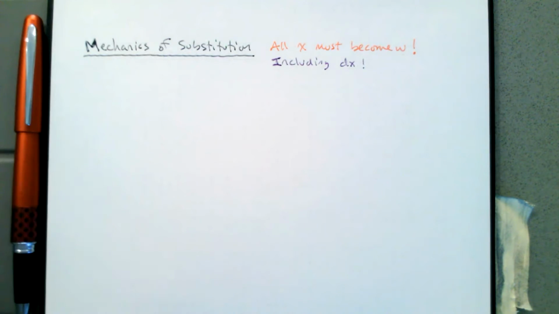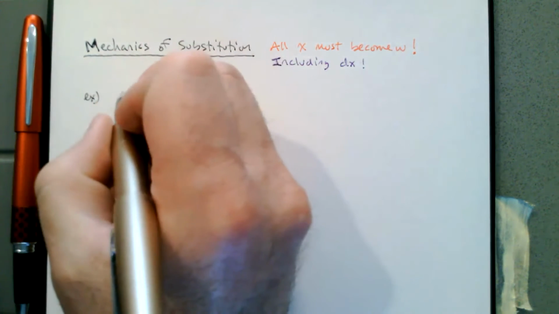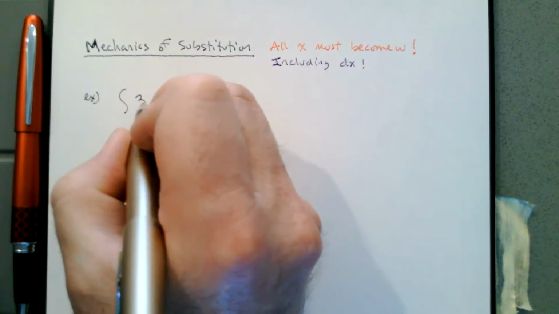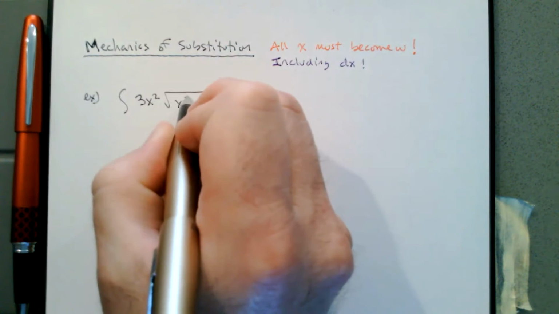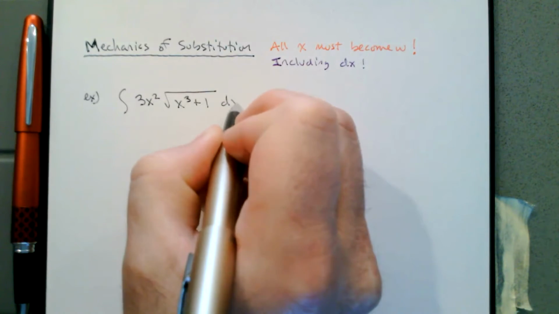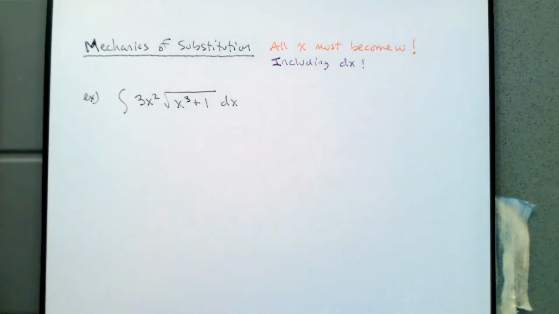Let's see how it works. Let's suppose I wanted to integrate, I'm going to go with 3x squared for now for our first example. The identification phase is we decide what we want to be the inside function.